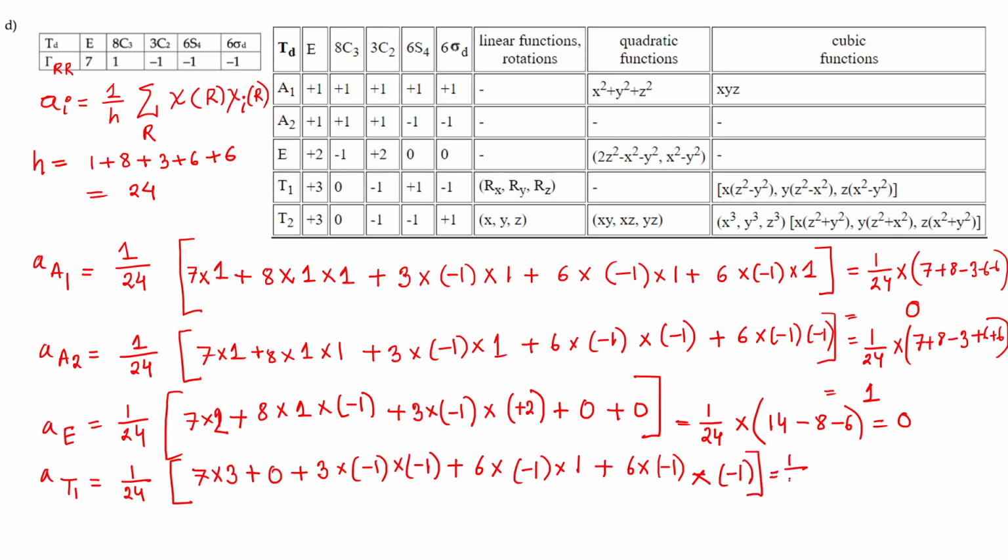So it will become 1 over 24 into 21 plus 3 plus 3 minus 6 plus 6.